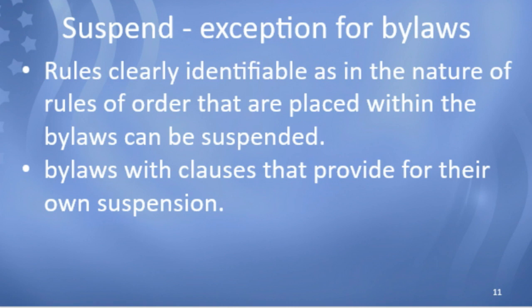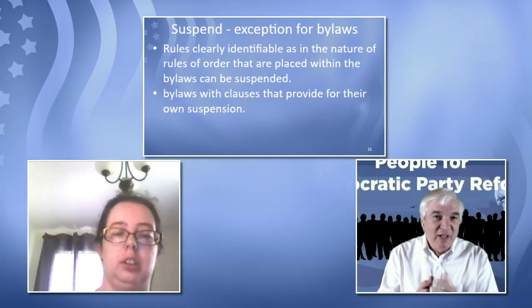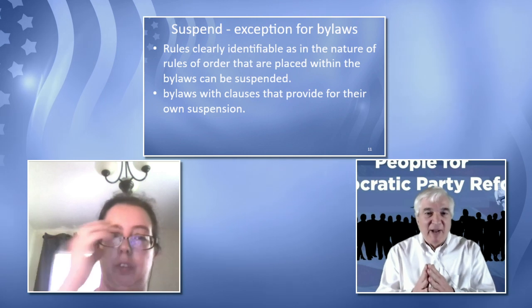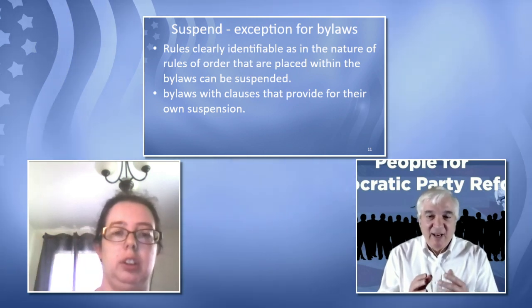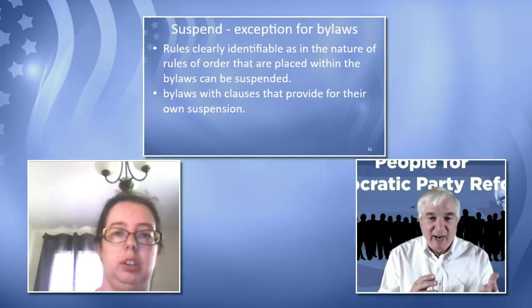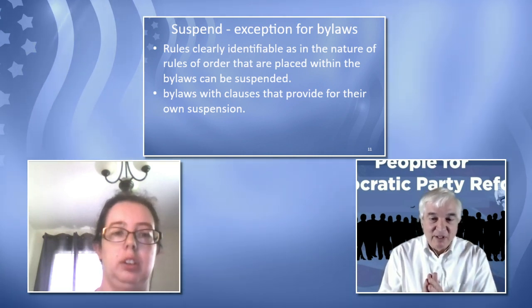And so there is this exception where rules that are clearly identified as in the nature of a rule of order that are placed within the bylaws can be suspended. And you should probably talk with a parliamentarian about this, so you're very, very clear about what is a rule of order as opposed to a fundamental right, because those definitely cannot be suspended.